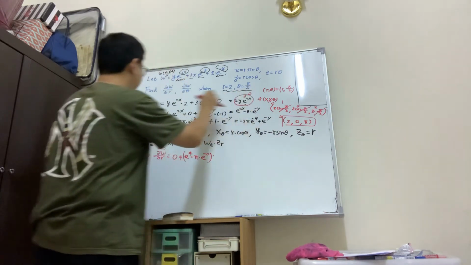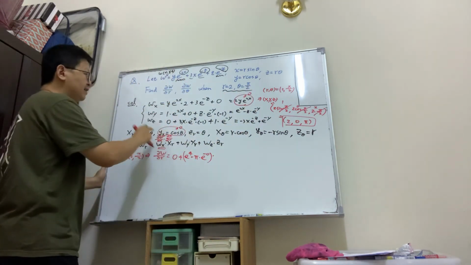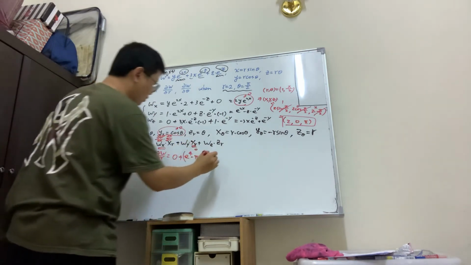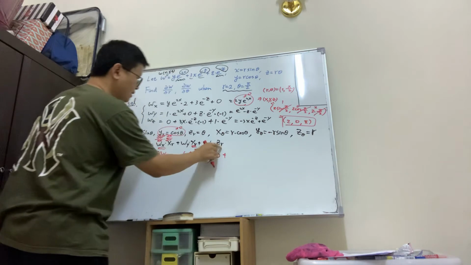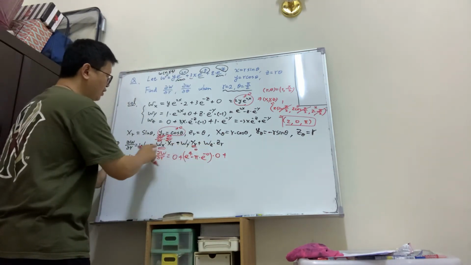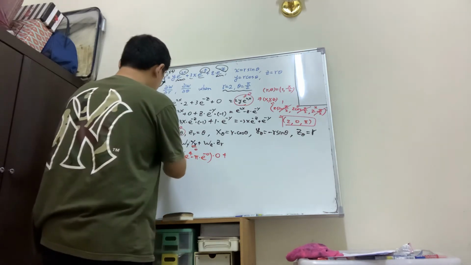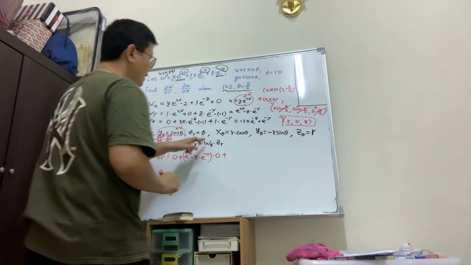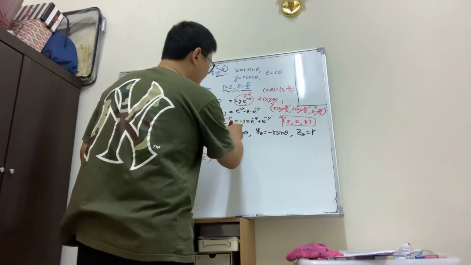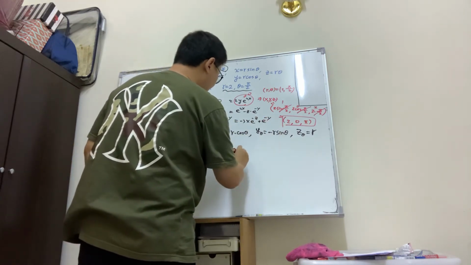So when you consider Ws or yr, it must be 0. So this term is 0, yr is 0, so multiply by 0. So we just need to consider this term. Since it's 0, it's 0.